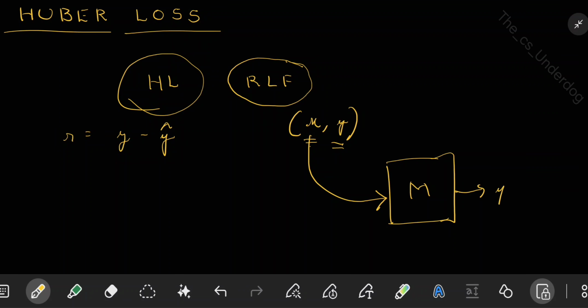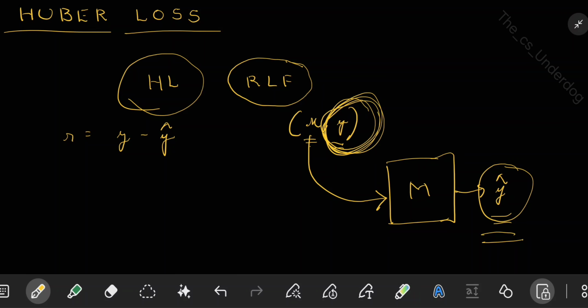The model provides an output Y cap, which is the prediction by the model. You now have to compare this Y cap, the prediction by the model, with the actual Y, that is the actual expected output. How much is Y cap deviating from Y? This is the error. So your residual is Y minus Y cap.